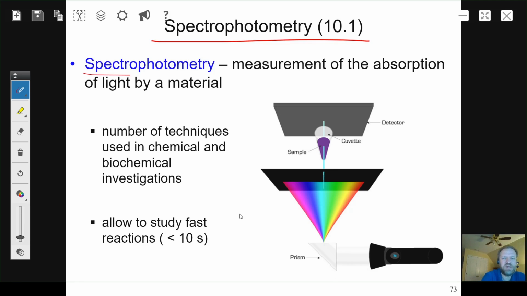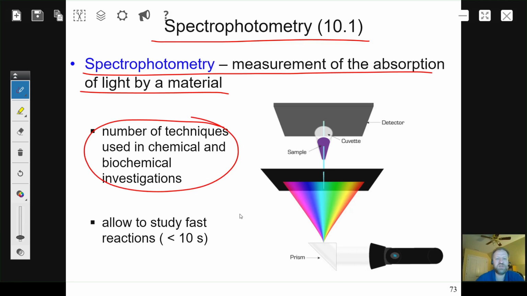Basically, spectrophotometry is a technique that measures the absorption of light by a material, and it forms the basis for a number of techniques used in chemical and biochemical investigations and allows us to study fast reactions, certainly taking place below the second time scale. So the idea is very simple.